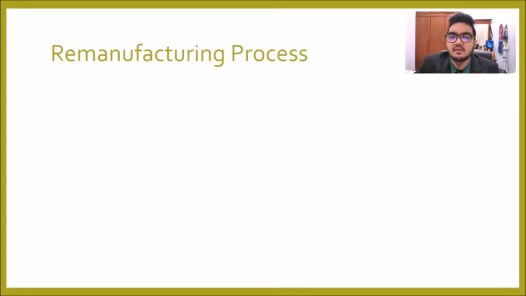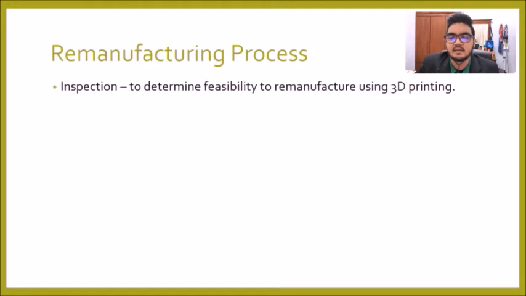The process begins by inspecting the damaged part to determine the feasibility to remanufacture using 3D printing. So, the main question in this process is, can it be 3D printed?